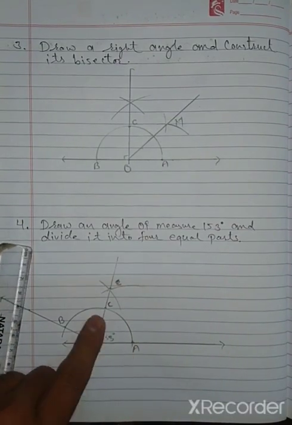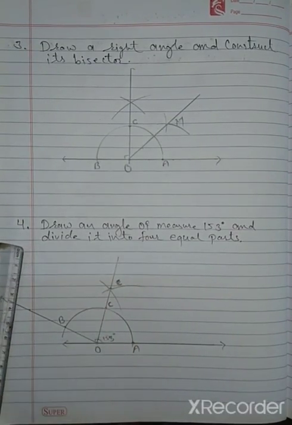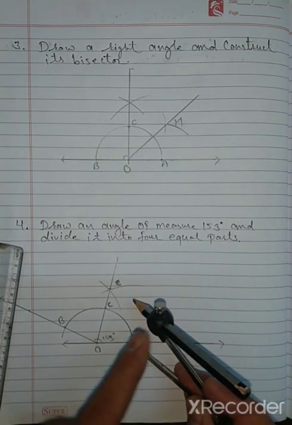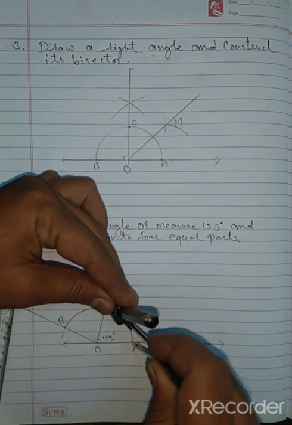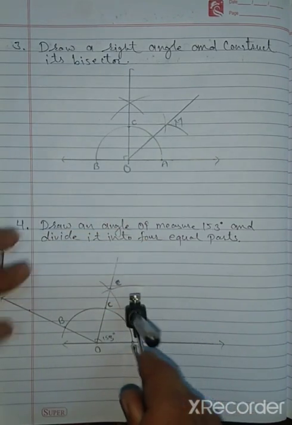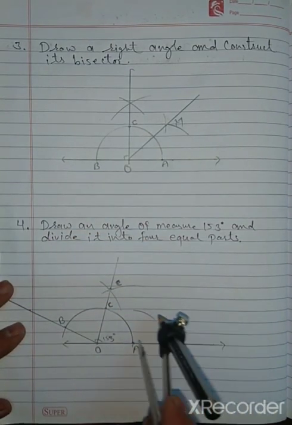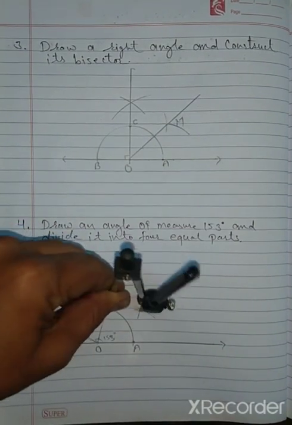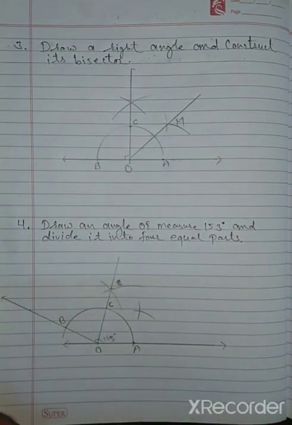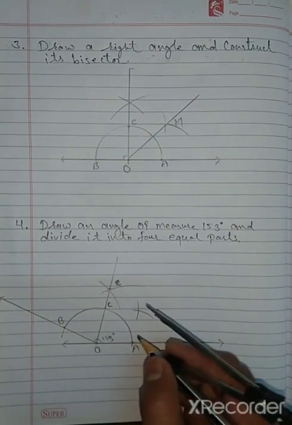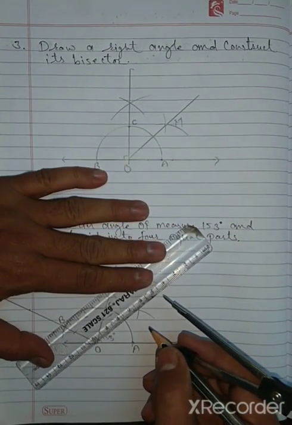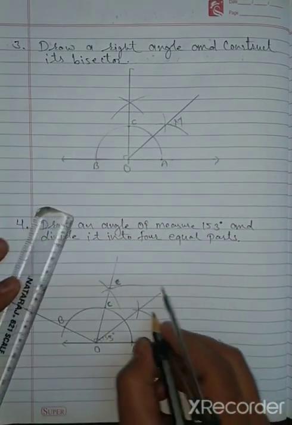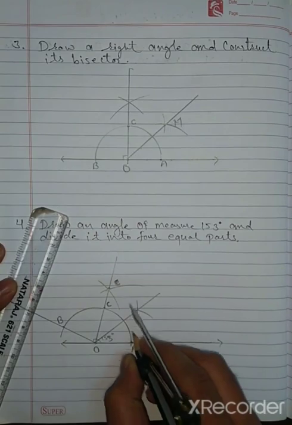Now we will find the bisector of AC. To bisect, put the pointer on A and, with a radius greater than half of AC, cut an arc here. Now from C the same, cut an arc here, and join with O. Now this is the bisector of AC.